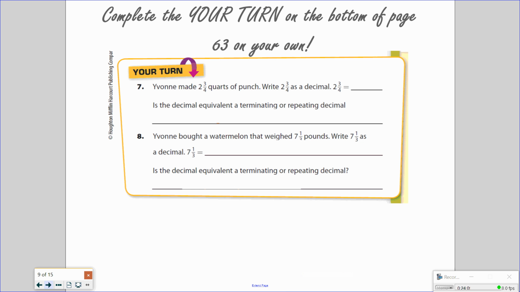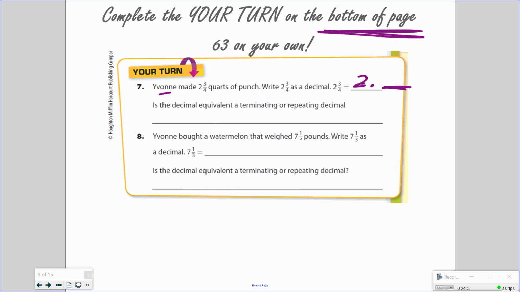All right, I want you to go into your textbook on the bottom of 63. I want you to go ahead and answer these. 7 says Yvonne made 2 3/4 quarts of punch. Write 2 3/4 as a decimal. So I'll give you a hint here. It's 2 point something.